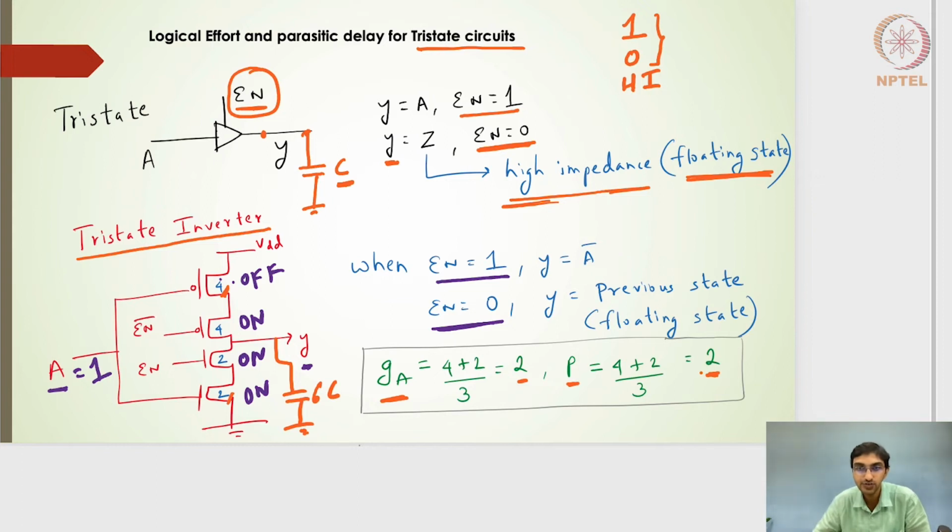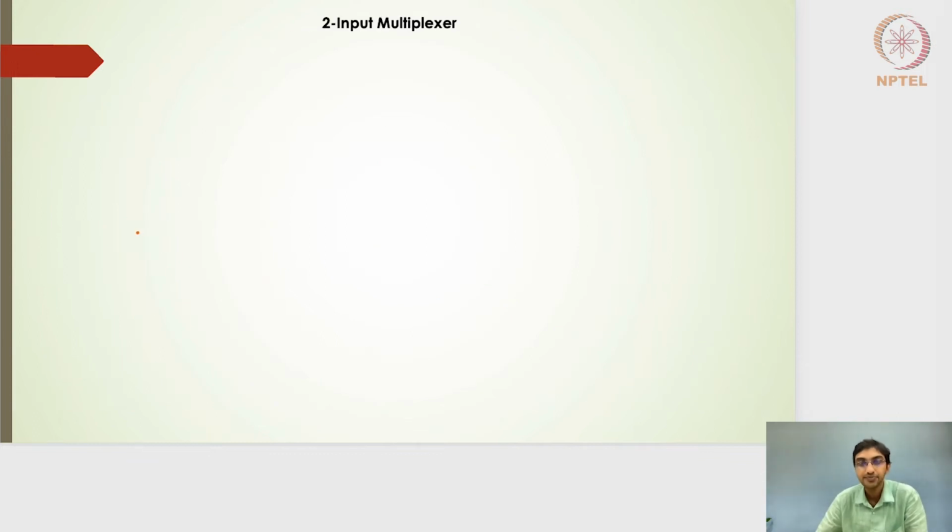So both the gates should give me the same output current, and that's why we have selected those sizes appropriately. The logical effort is based on the sizes selected such that they give the same output current, and the sum of those sizes on the PMOS and NMOS side divided by the 2:1 inverter's input size gives me the logical effort. All right, so hope that is clear.